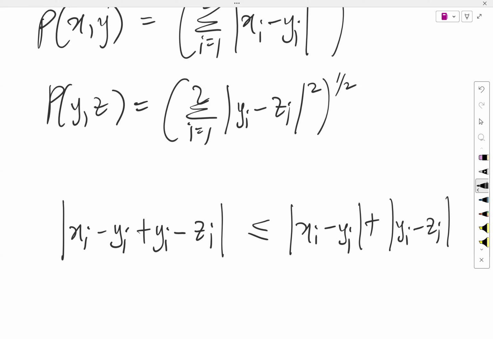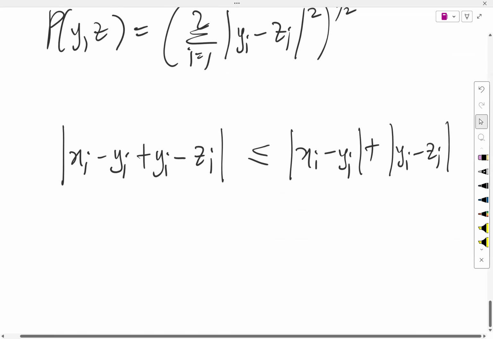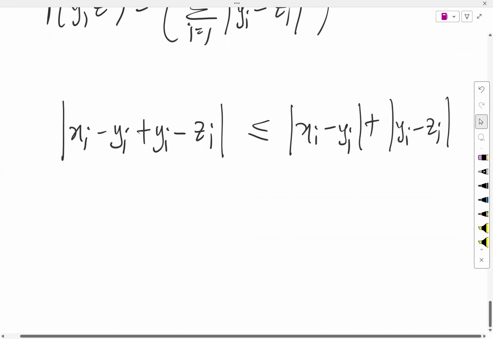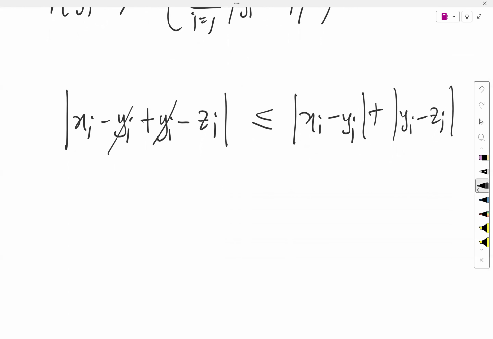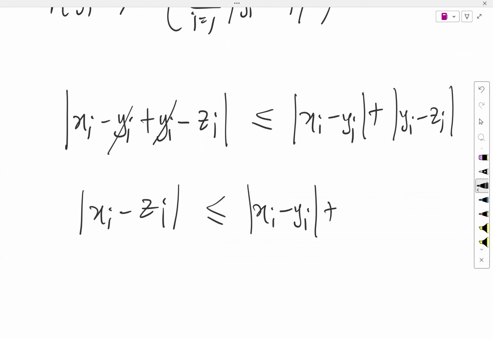So if you do it that way, we can proceed as follows. Now of course you can already see that this can easily cancel out. This is like the absolute value of xi minus zi, and that is less than or equal to the absolute value of xi minus yi plus yi minus zi.